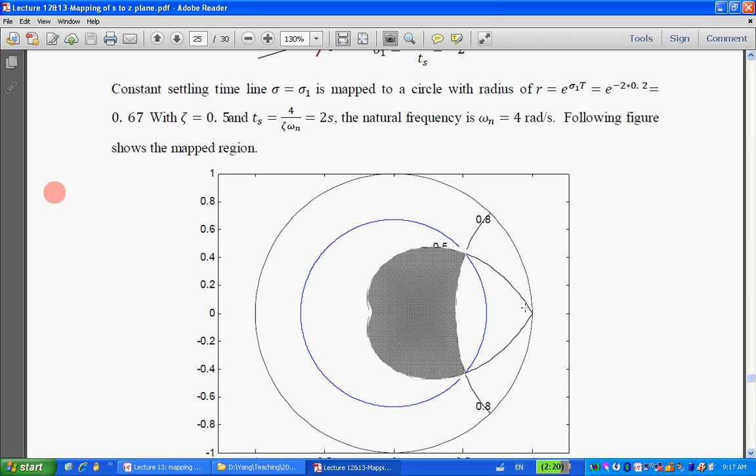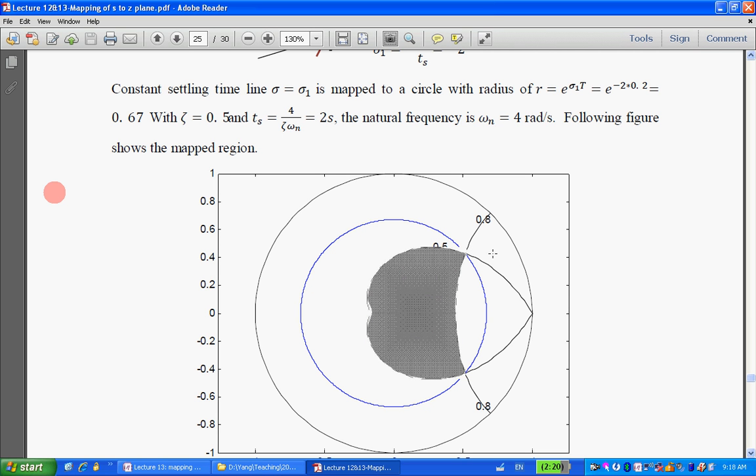damping ratio. Greater than 0.5 means it has to be below this one here, because what's the damping ratio corresponding to this unit circle? Damping ratio at the unit circle is 0, right? So when you go further out, you have less and less damping ratio.